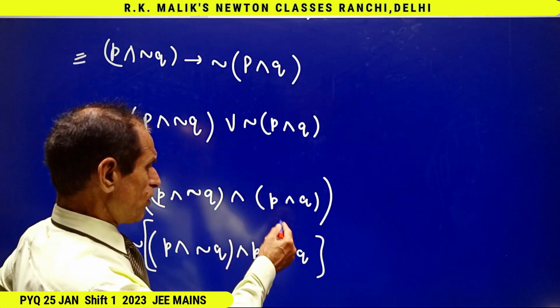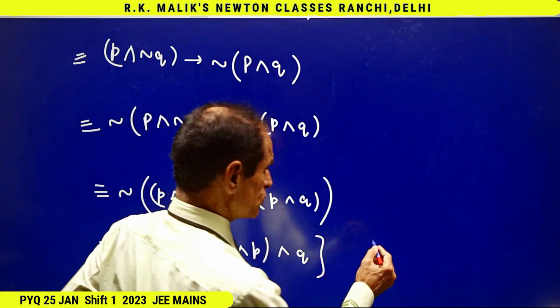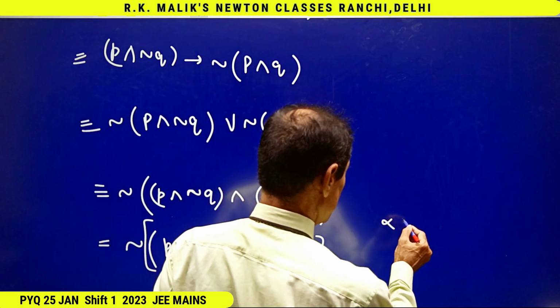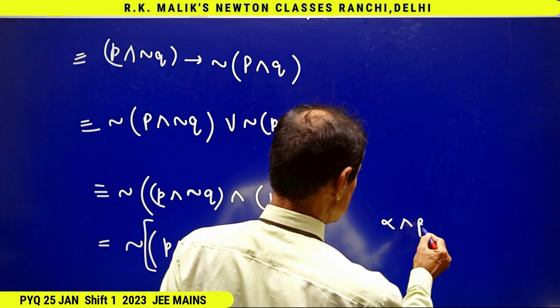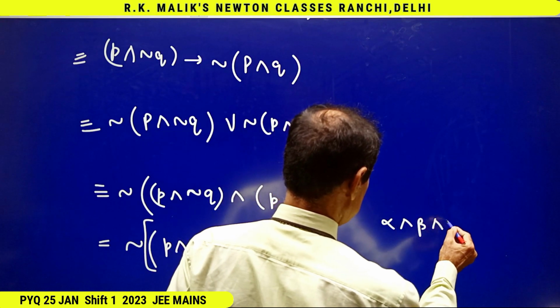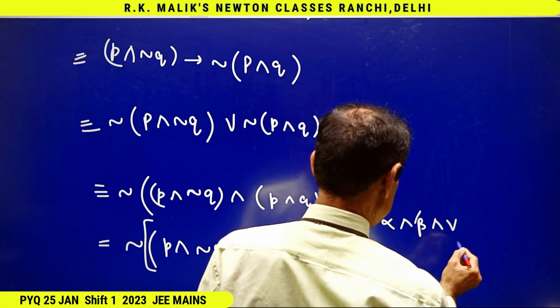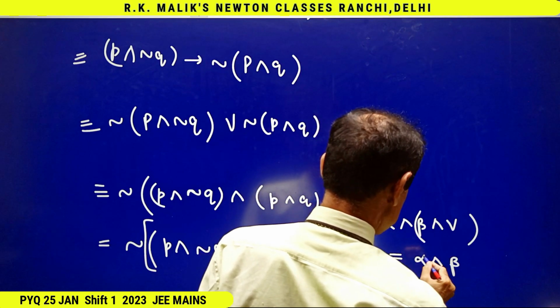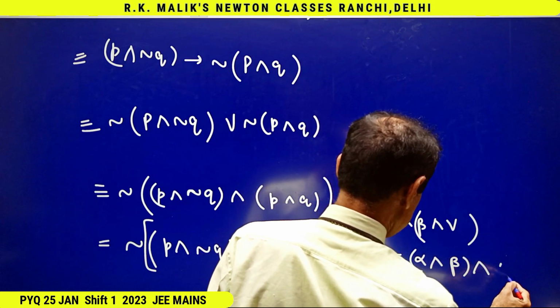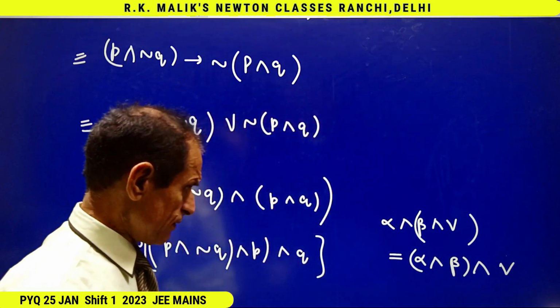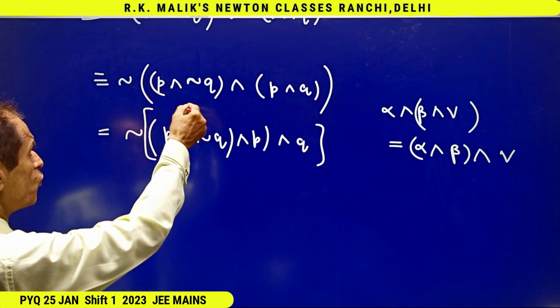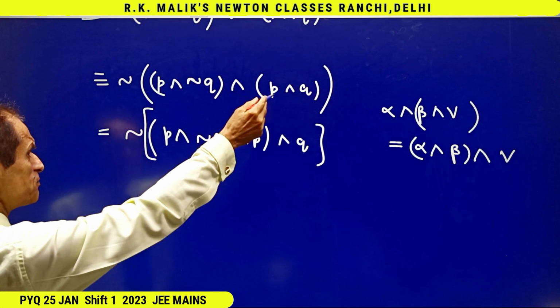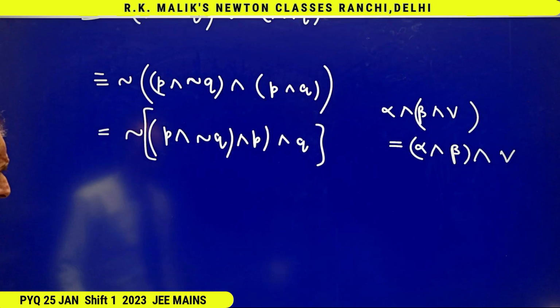Coming from here to here, I have used the formula alpha and beta and gamma is same as alpha and beta and gamma. Here I have taken this whole as alpha, this is beta, and this as gamma.